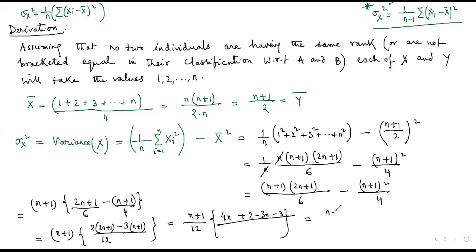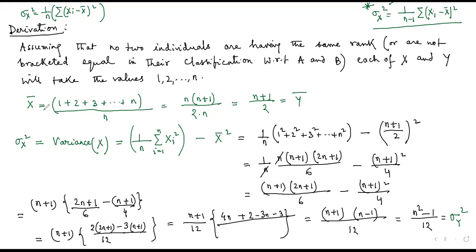So that is equal to (n plus 1) into (n minus 1) by 12, which is nothing but (n square minus 1) by 12. Similar calculation will also reveal that the expression of sigma y square is the same as that of sigma x squared.